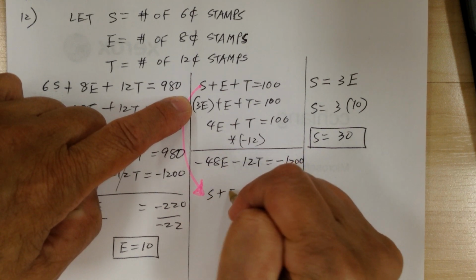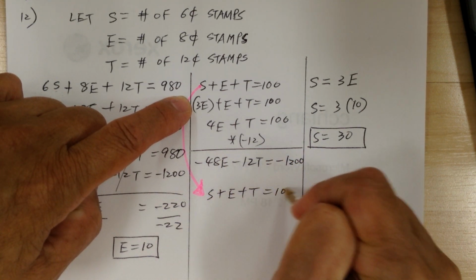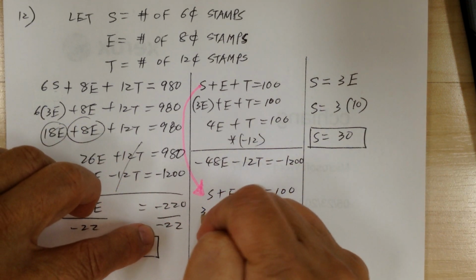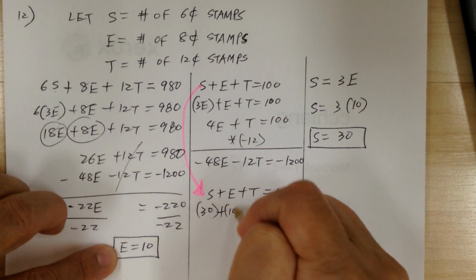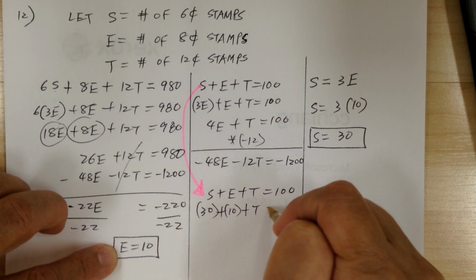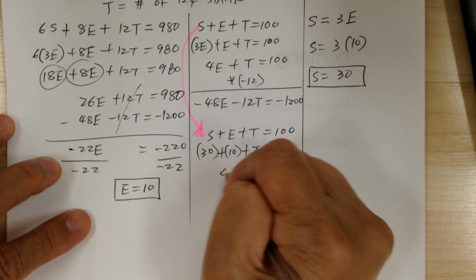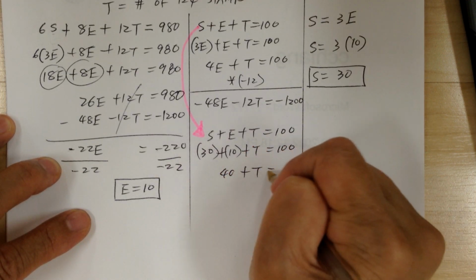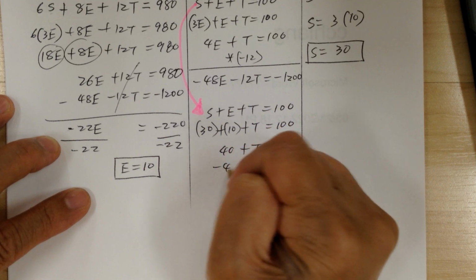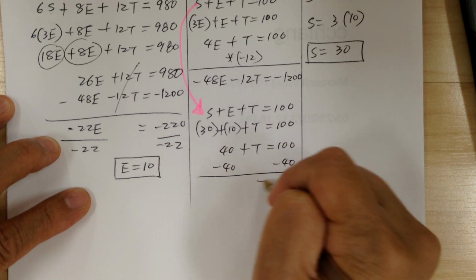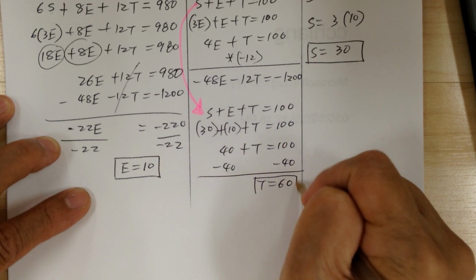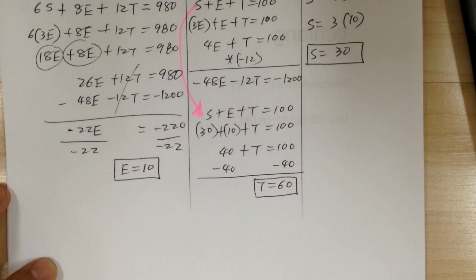S plus E plus T equals 100. S is 30, E is equal to 10. So I got 40 plus T equals 100, minus 40 on both sides. So I got T equals 60. Okay, and that's it.